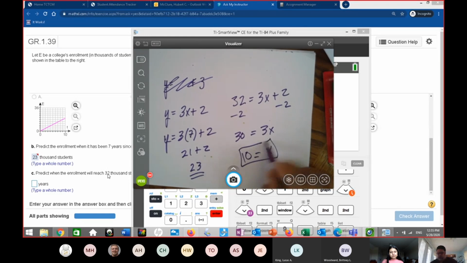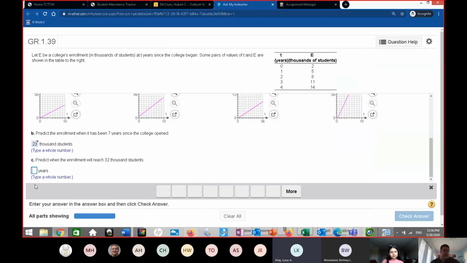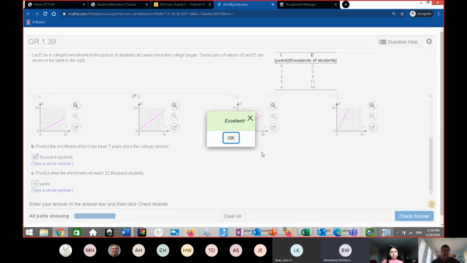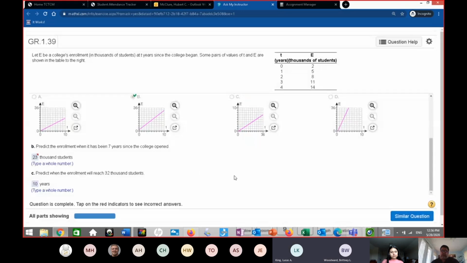So in 10 years. So type in 10, and that should be the answer. This is a good test question.